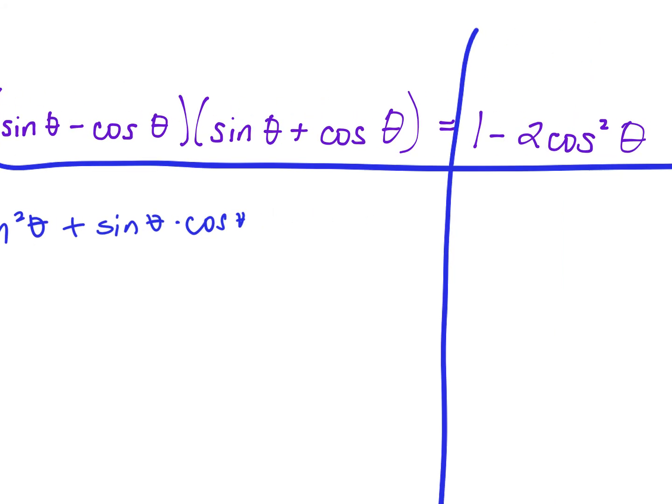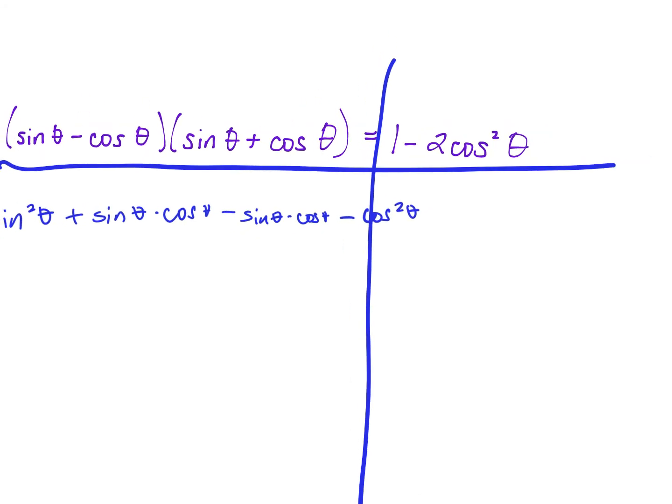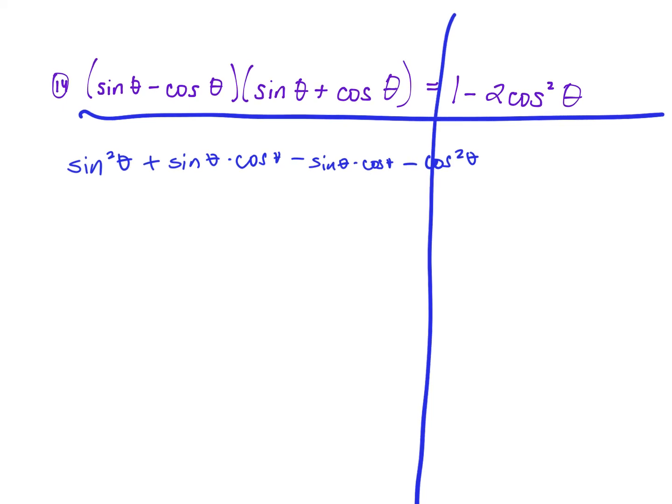Negative cosine times sine is minus sine times cosine. And then negative cosine and positive cosine is minus cosine squared theta. Yeah? Everybody with me? Okay, so what happens to the sine cosines in the middle? They cancel out. So you're all left with sine squared theta minus cosine squared theta.